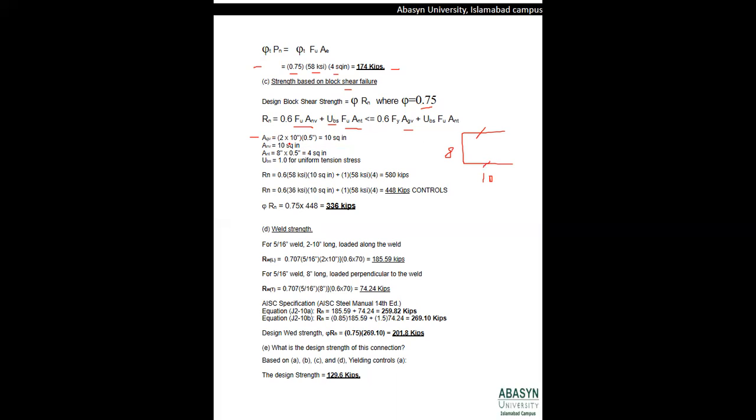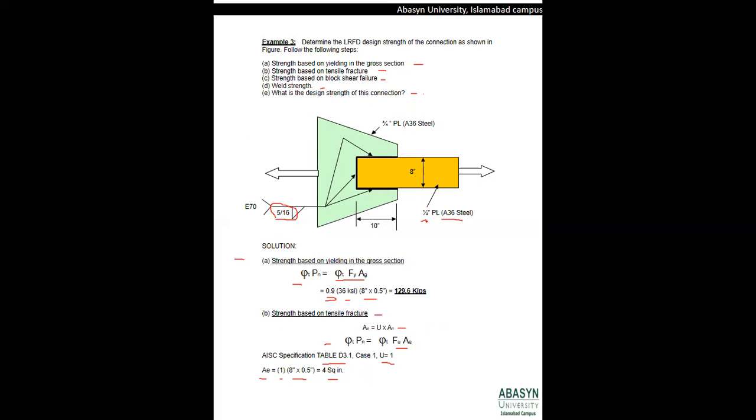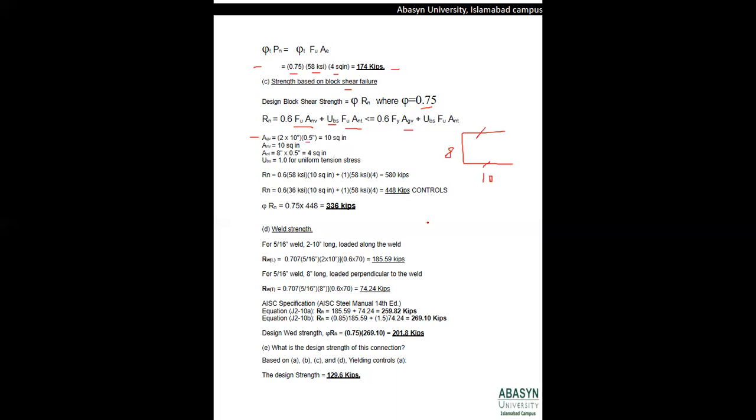So it will come as 2 into 10 inches into the thickness of the plate, that is 0.5 inches. So it comes out to be 10 square inches. In the case of welded connections, the net area is equal to the gross area, so Agv will be equal to Anv, and it will come as 10 square inches.